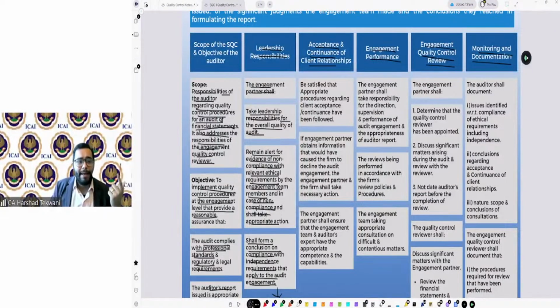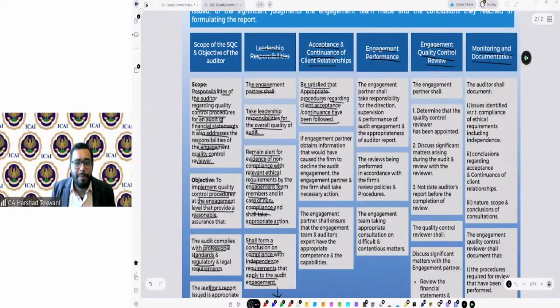Now coming to the client acceptance and continuance. Now, when I talk about client acceptance and continuance, the role of the engagement partner here is to be satisfied that appropriate procedures regarding client acceptance and continuance have been followed. What is the appropriate procedure over here?